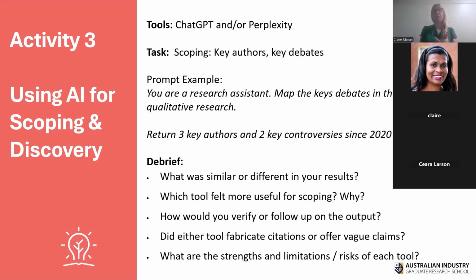What we're going to do in a moment is have a go at this and look at what it gives us back. Again, there absolutely is a point where a lot of what we get back may be hallucination. We'll look at other ways of finding the literature.